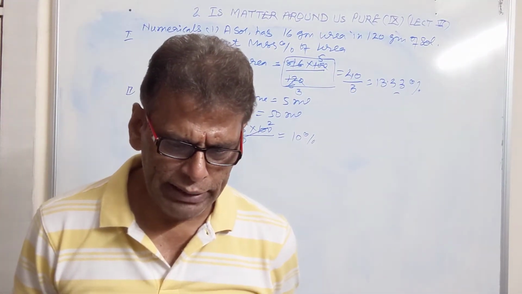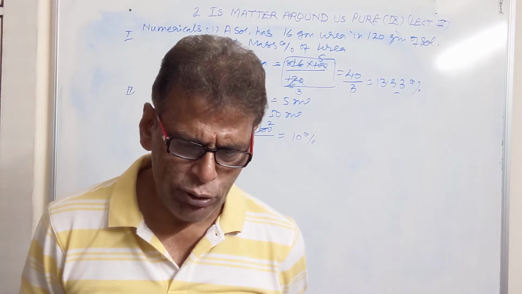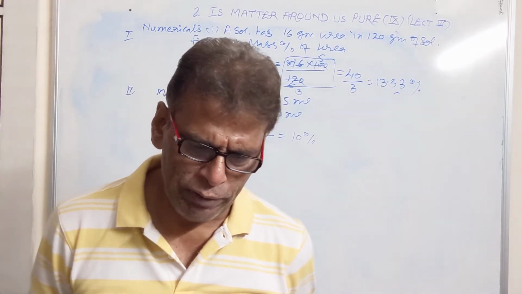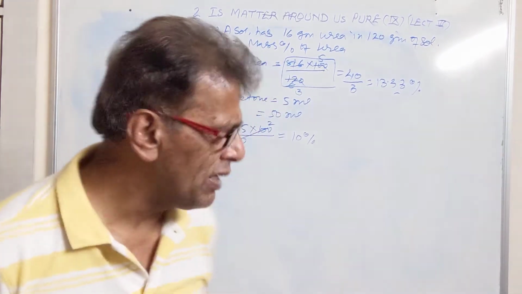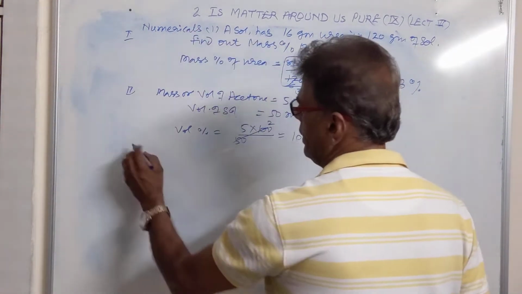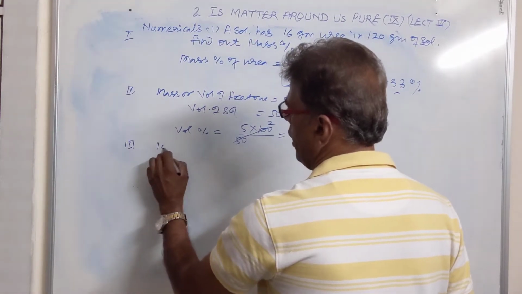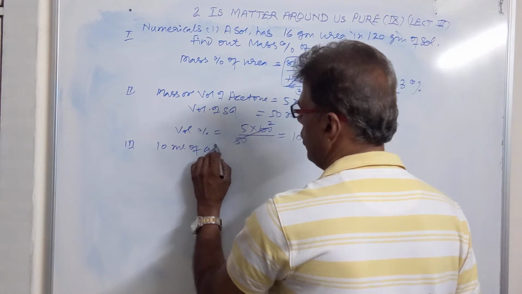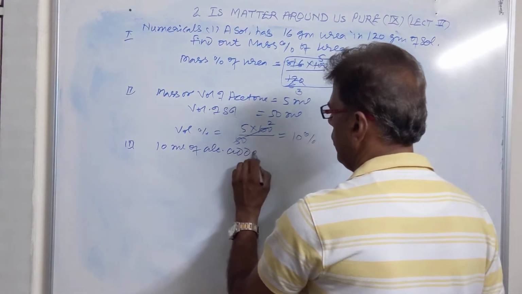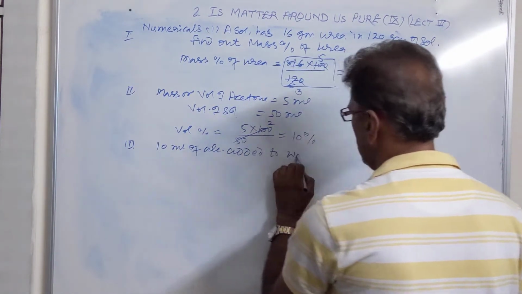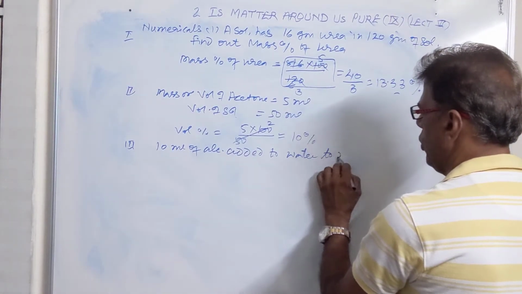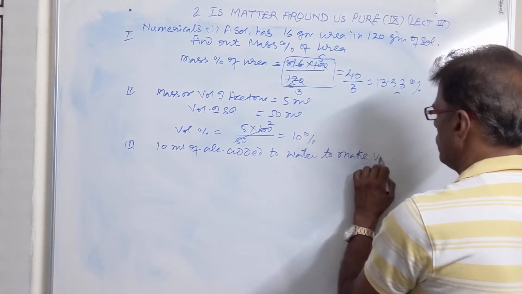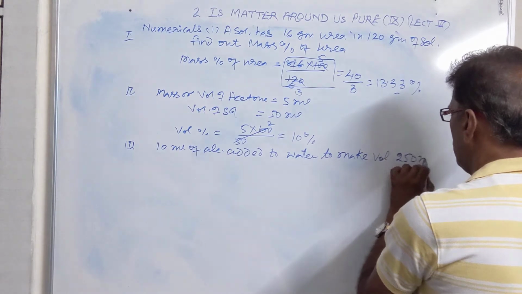Then we have the next problem: 10 ml of alcohol is added to water to make the volume 250 ml. Calculate the volume percentage. Again this is the total volume of the solution: 10 ml of alcohol added to water to make the volume 250 ml.